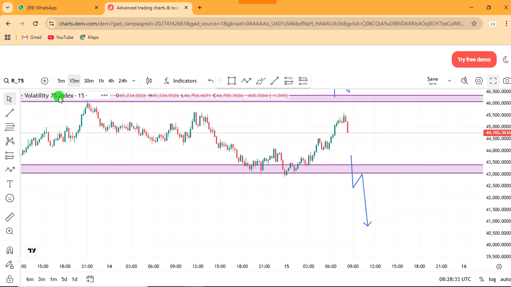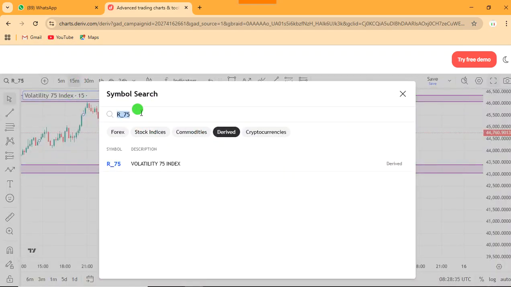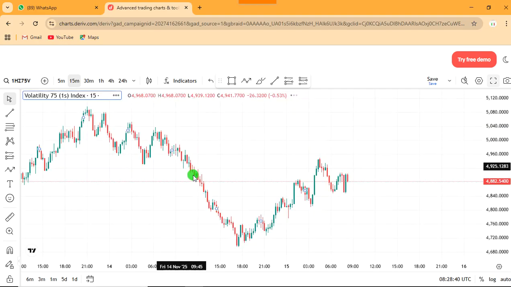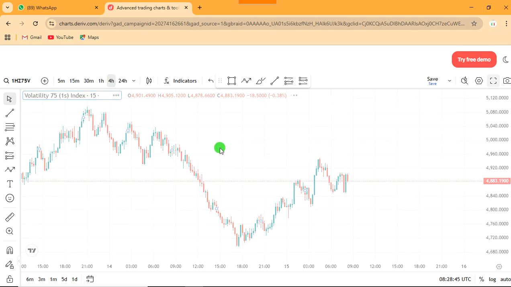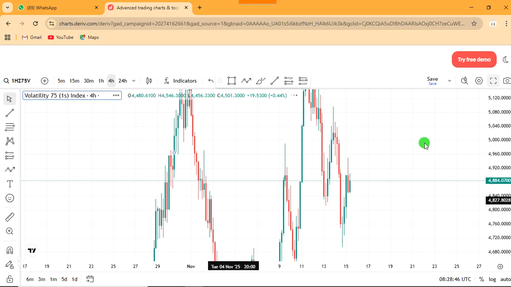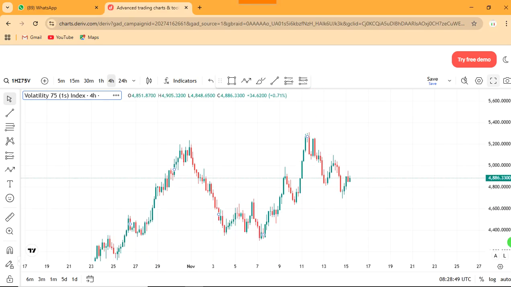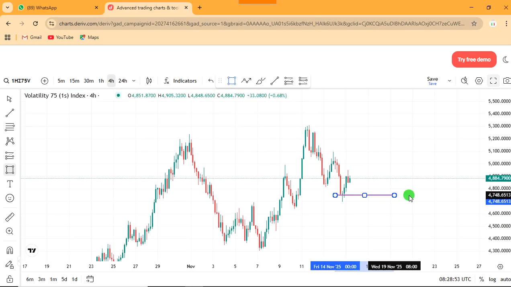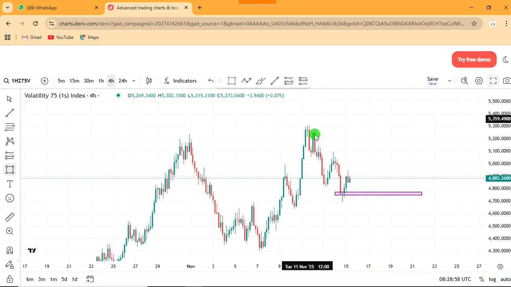So let me go to 75 1 second. For 75 1 second, I've been following a very good pattern and I'm very much interested in it. Though not really too clear, I'm interested in it because it's a bit easy to analyze.